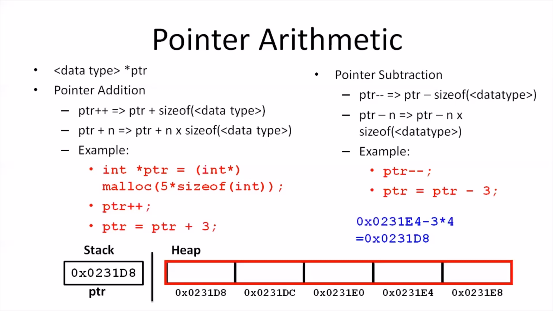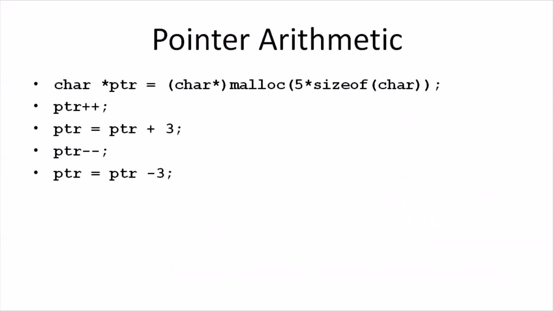Pointer arithmetic does not include pointer multiplication or pointer division. Now let us take a look at a case where ptr is a pointer to a character instead of an integer. We know that a character takes 1 byte of memory. Accordingly, when we execute ptr++, the value of ptr in this case changes by 1 * 1, that is 1.